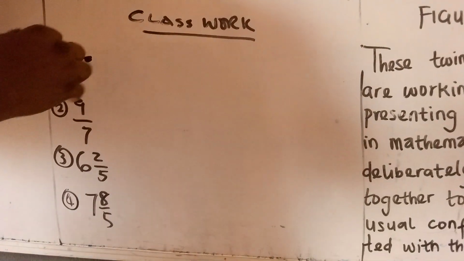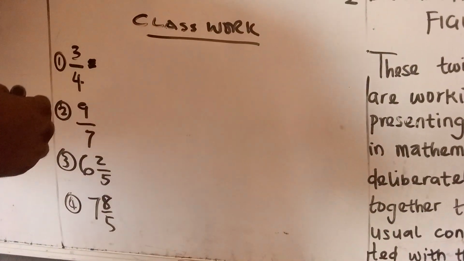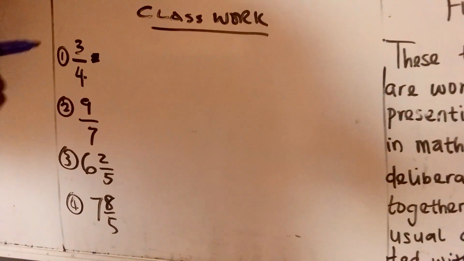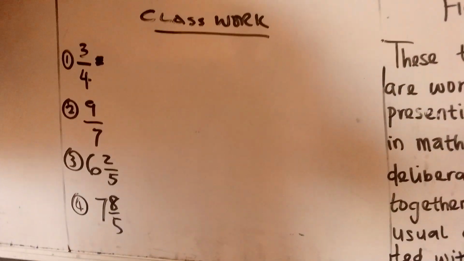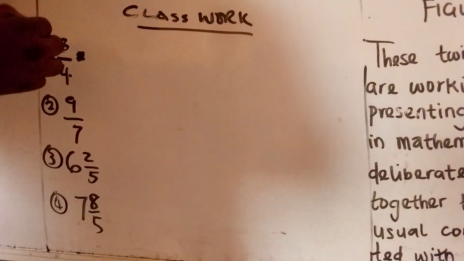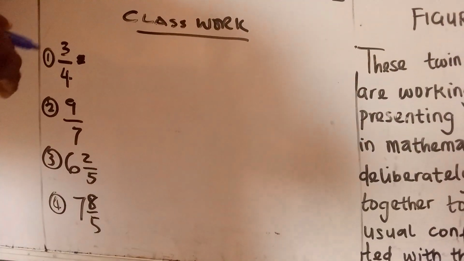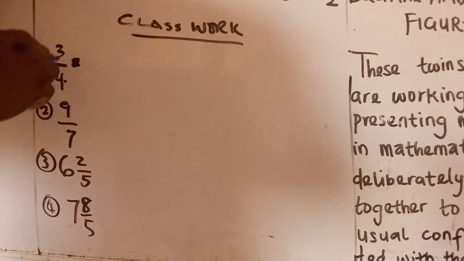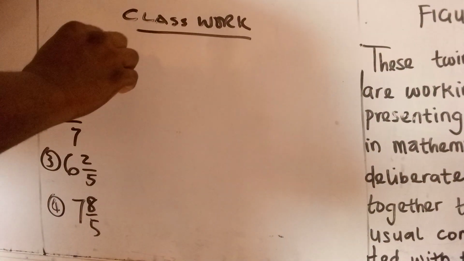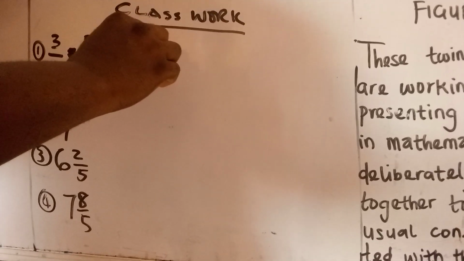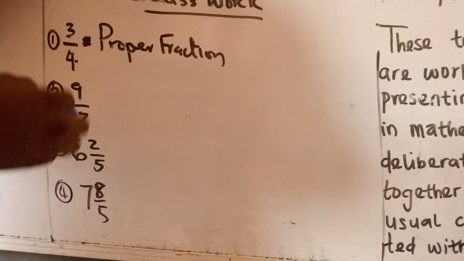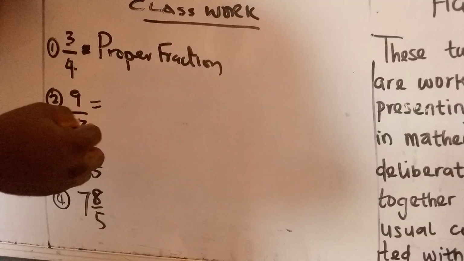I assume that you have attempted it on your own, and you want to look at how I arrived at my conclusion about what type of fraction I have written. Look at number 1, 3 over 4. 3 is less than 4. This is a proper fraction. This is 9 over 7. 9 is greater than 7.